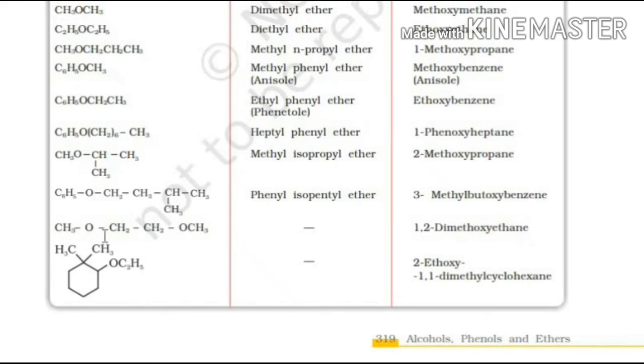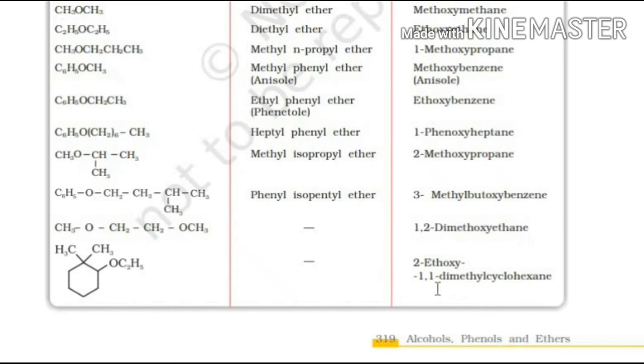Now select this chain, so do numbering here 1, 2. So 1,2-dimethoxy, there are 2 methoxy groups, so this will become 1,2-dimethoxyethane, because it is a 2 carbon chain, so it is ethane. Now there are 2 substituents on this side, so we start numbering from this carbon, 1, 2, and at the second there is ethoxy, and ethoxy comes first, then methyl.